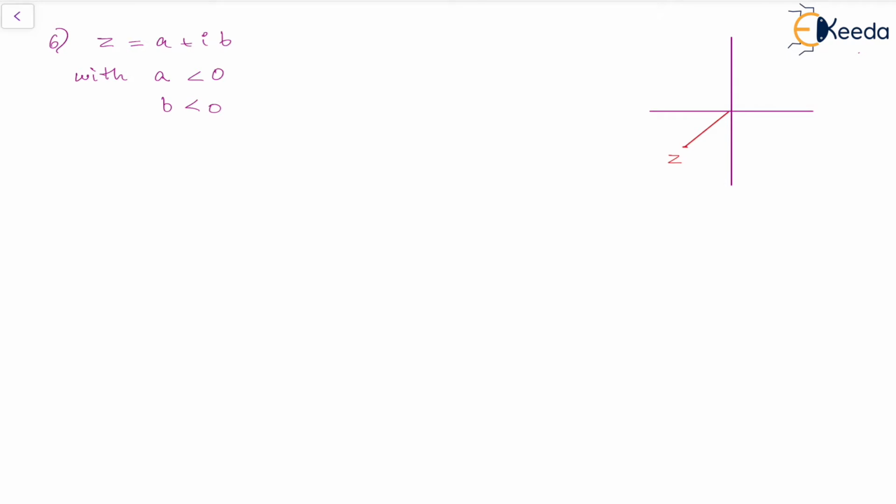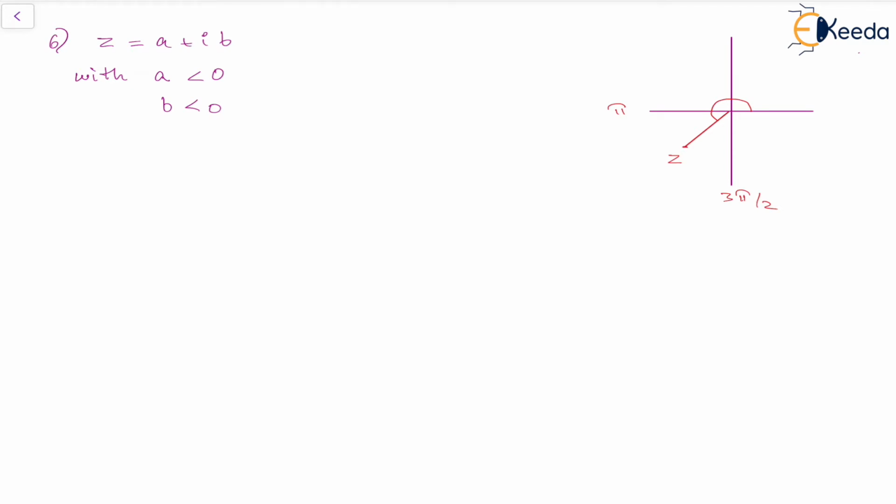Now we can see in this case the theta starting from 0, it comes up to the third quadrant. So you can clearly see that the theta will lie between the interval of pi to 3 pi by 2.